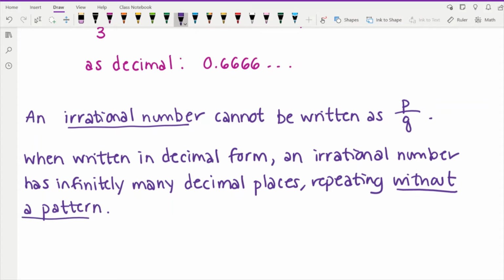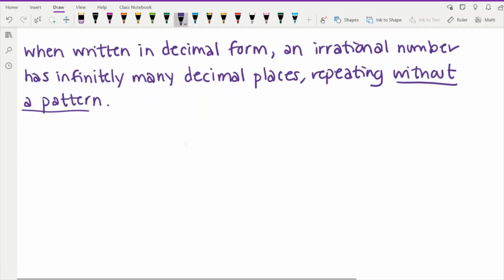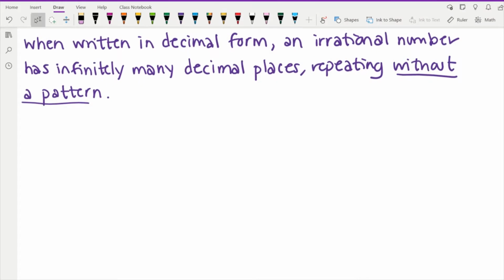Okay, so when you hear infinitely many decimal places repeating without a pattern, there might be a number that kind of pops into your head that's really famous for that, right? So what's a famous number that has infinitely many decimal places that repeat without a pattern? Pi, right?